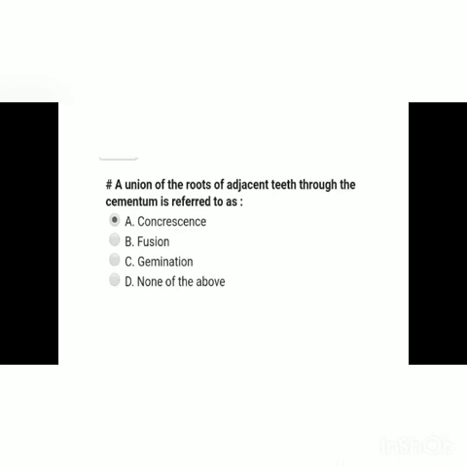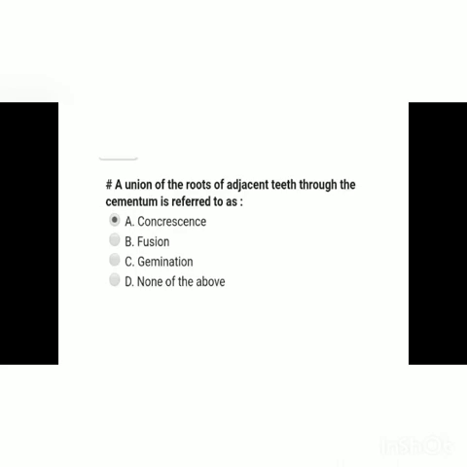Next is fusion. Fusion mainly arises through the union of two normally separated tooth germs. Depending upon the stage of tooth development at the time of union, fusion may be complete or incomplete. If the fusion occurs early, that is before calcification has begun, the tooth may be completely united to form a single large tooth.